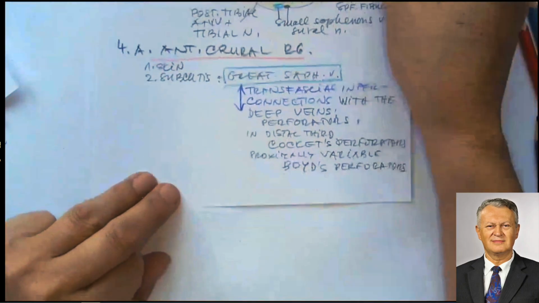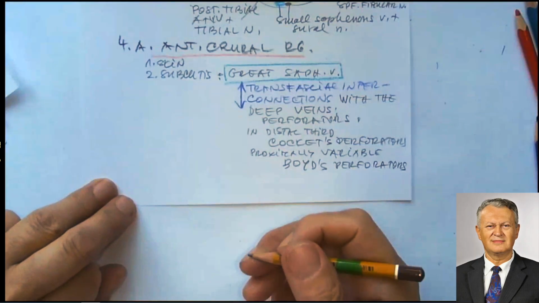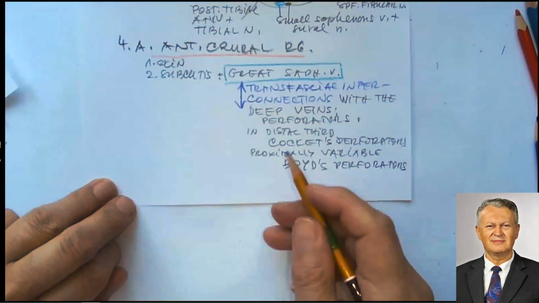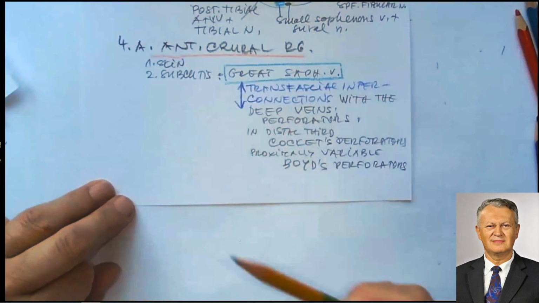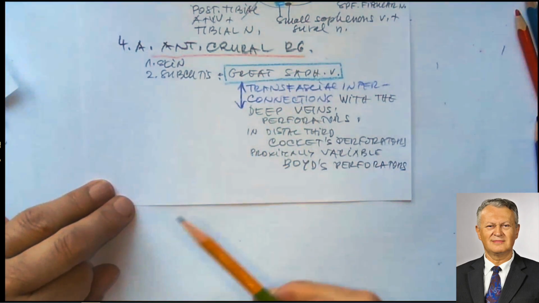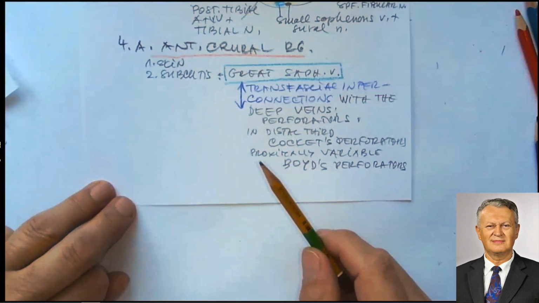What do we have the perforators for? The perforators allow intercommunication between the superficial and deep veins. So they play an important role in the hemodynamic balance between the deep and superficial system.